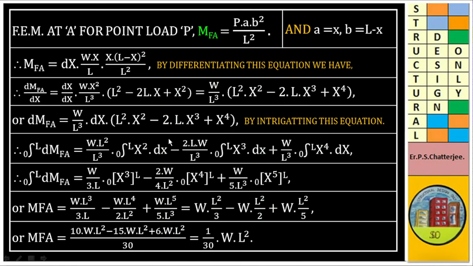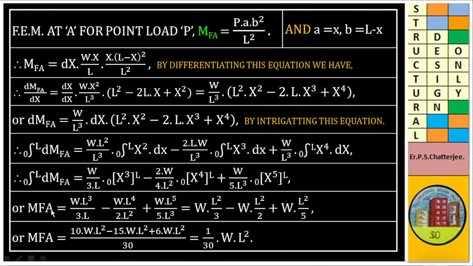Therefore, integration of dMFA is equal to W by 3 L into x cube minus 2 W by 4 L square into x to the power 4 plus W by 5 L cube into x to the power 5. Here 0 to L are the limits.